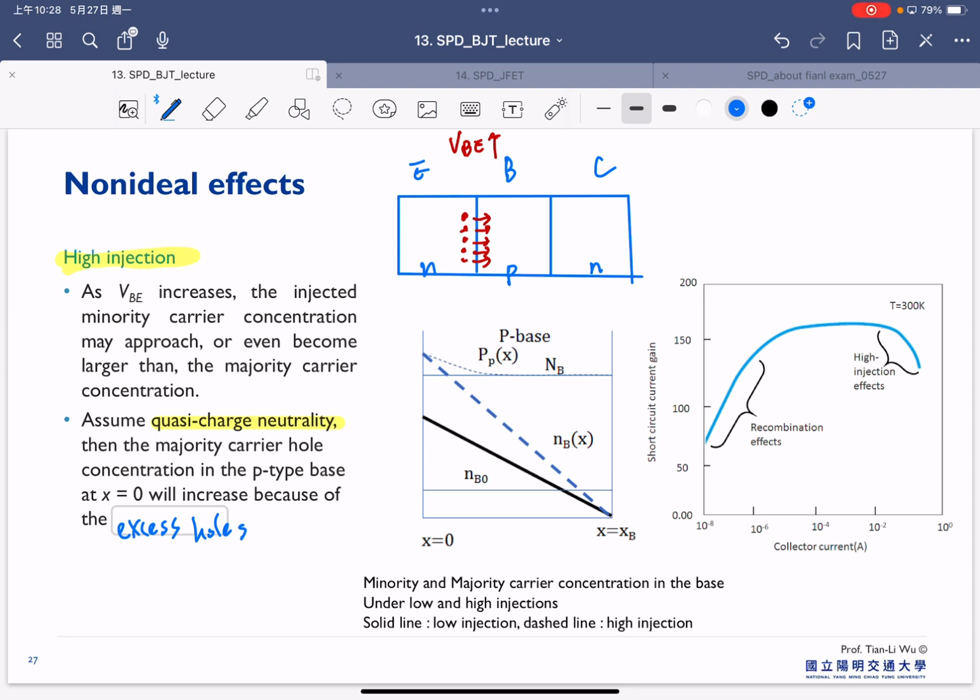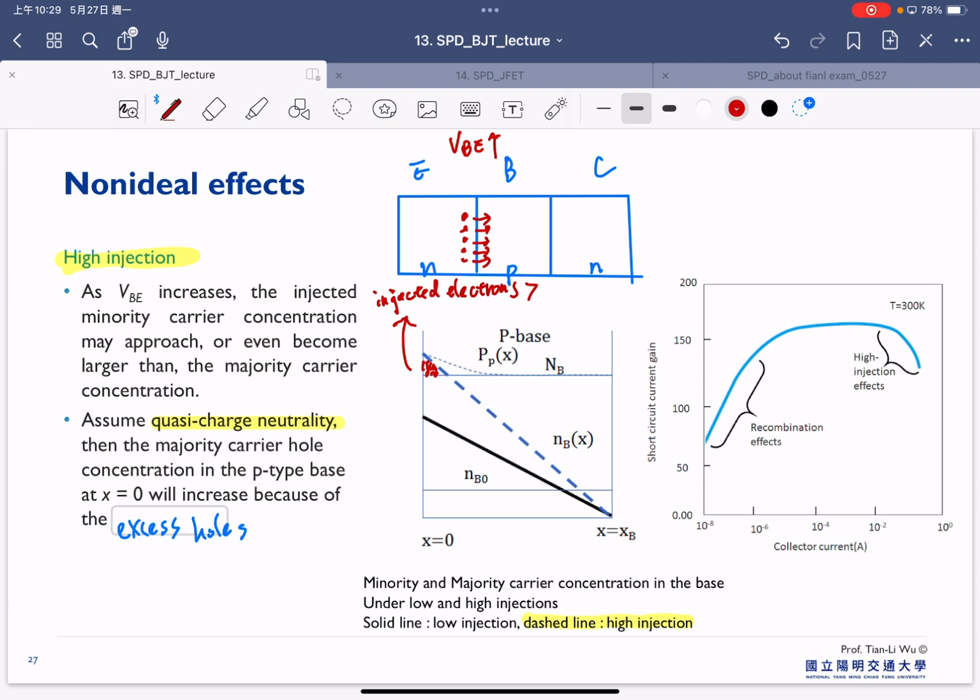So that means this one, the solid line, is a low injection, but the dashed line is a high injection. So we have this additional part. This is the part where the injected electron concentration is larger than the background doping.